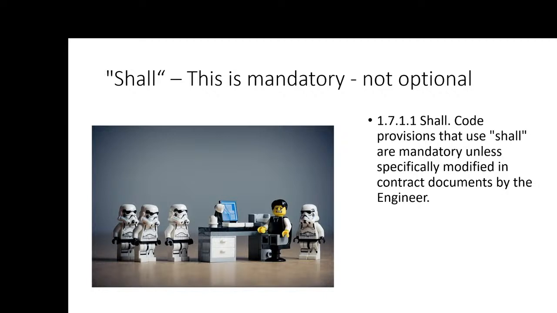You shall do it. It's not an option. If the code says you shall weld this standing on your head drinking a Diet Coke, you will weld it standing on your head drinking a Diet Coke. That's the game.